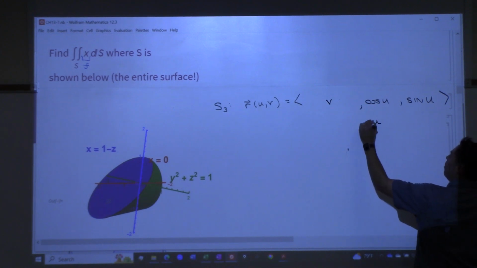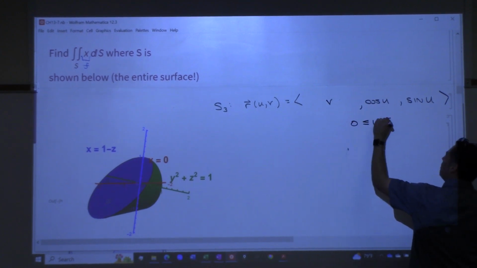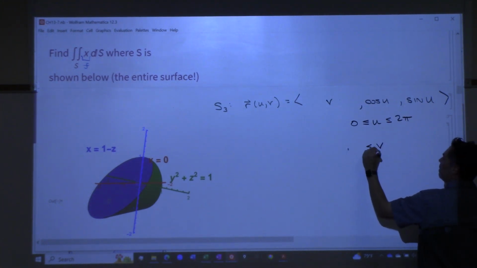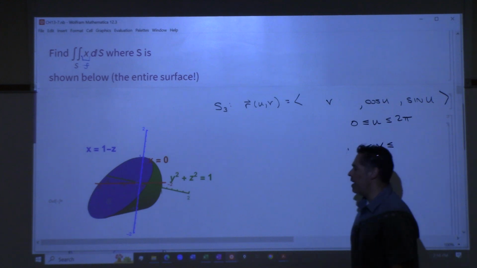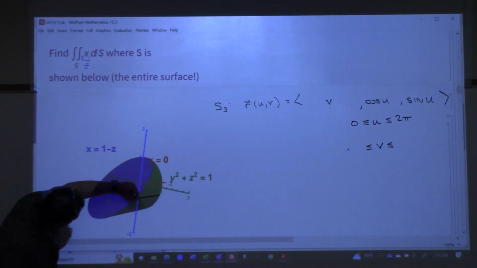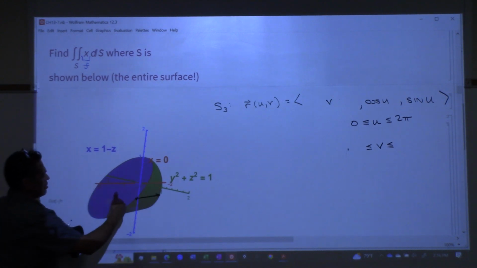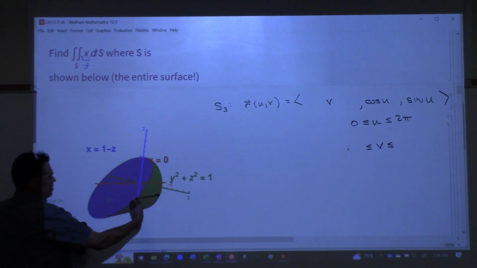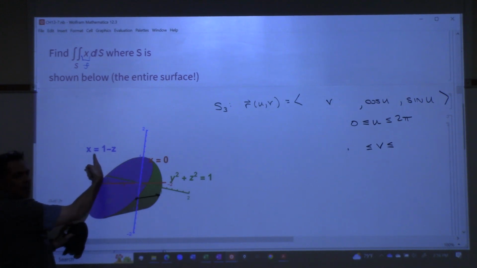So my u will go between 0 and 2 pi. That will help me draw that circle. And then my v is always stuck between, so your v is actually your x, right? So you go back and forth between here and here, which is always, what's that backside? 0, and the front side is that right there, right?